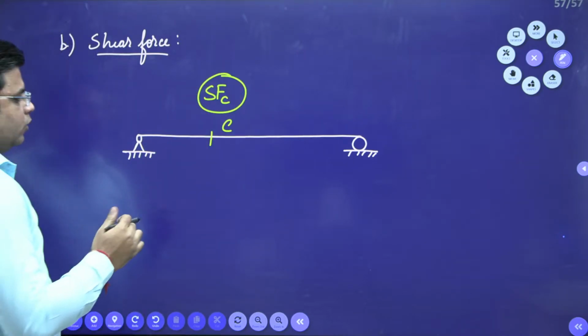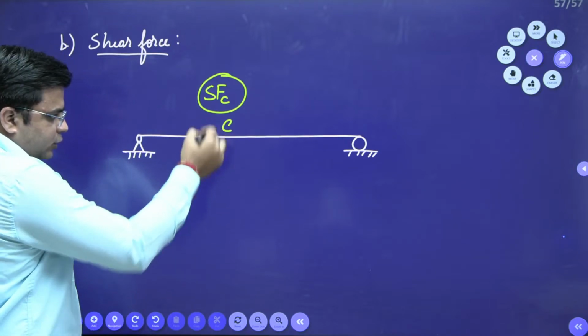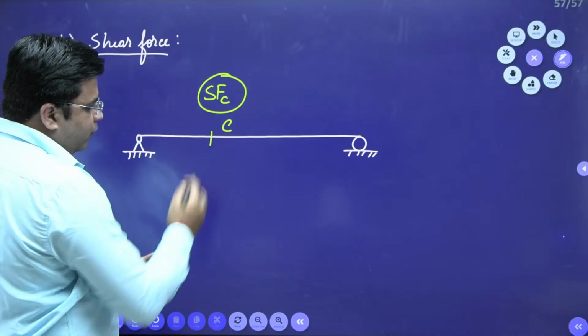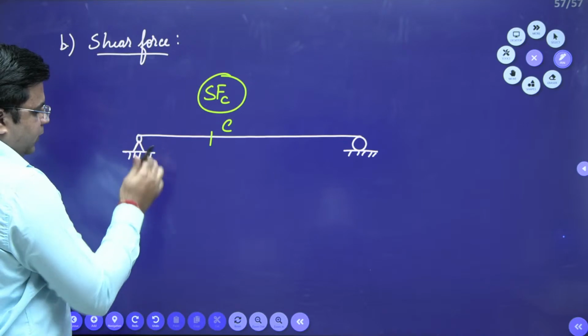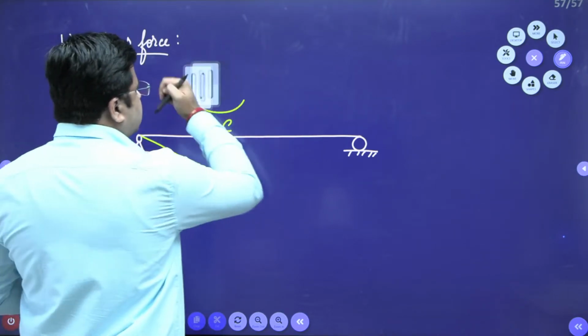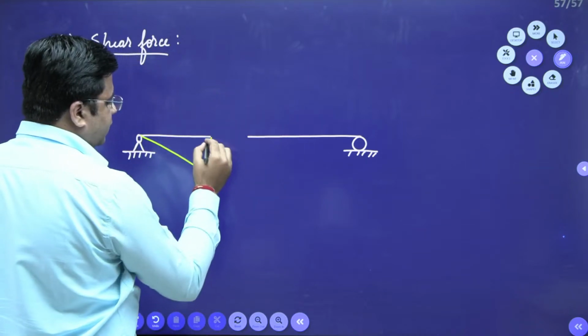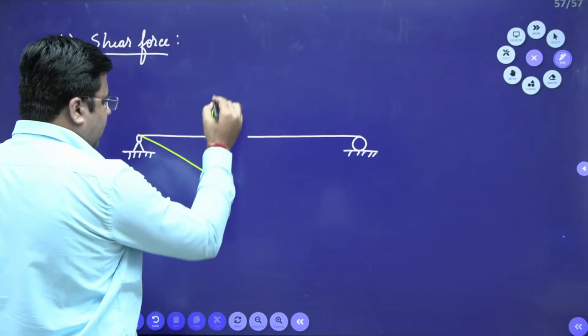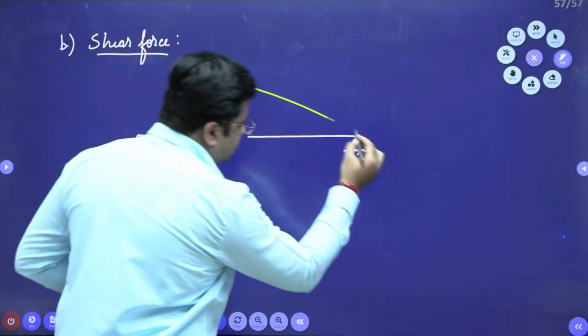So, what you have to do is just cut this beam from C in such a way that this total cut measure is 1 unit.